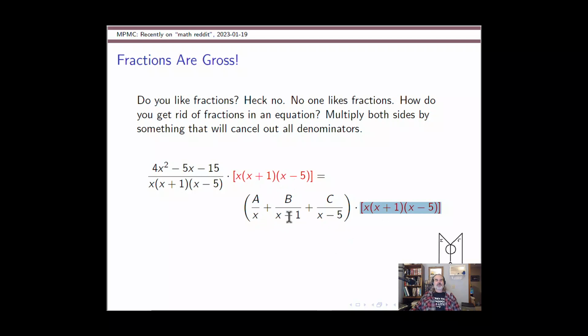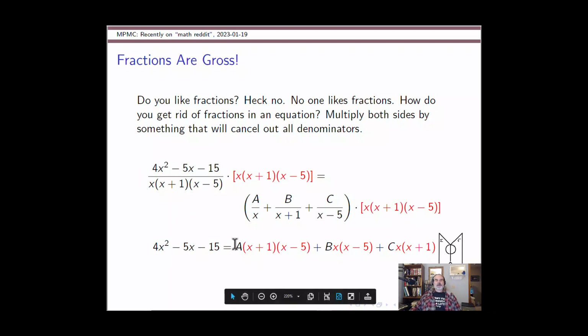When it hits this middle term b over x plus 1, the x plus 1s are going to cancel, and so on for the c. And so the left-hand side reduces to the original denominator. The first term with the a, the x's cancel, you're left with the other 2 bits. For b, the x plus 1s have canceled, you're left with those other 2 bits. And then for c, the x minus 5s are going to cancel, and you're left with x times x plus 1.